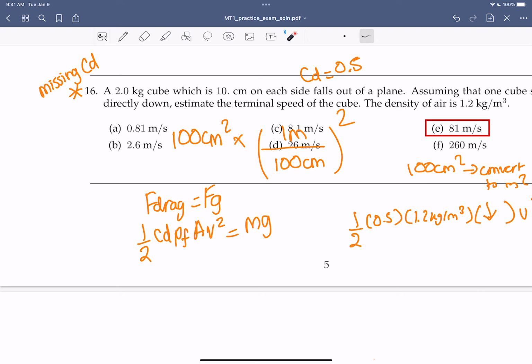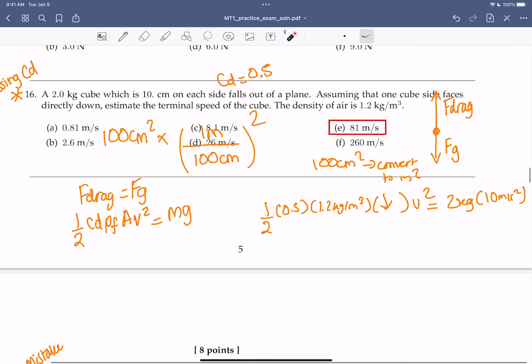And I believe it should be 0.01 square meters, I believe. Yeah, 0.01 as far as I'm concerned. Is that good there? Yeah, so if you just take that, let me make sure that the value here, everything checks out.